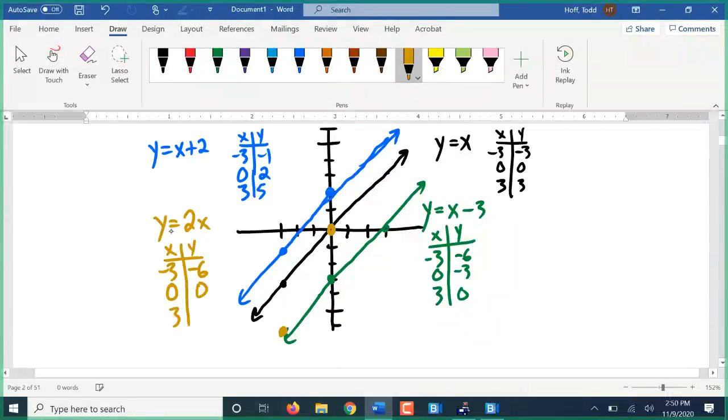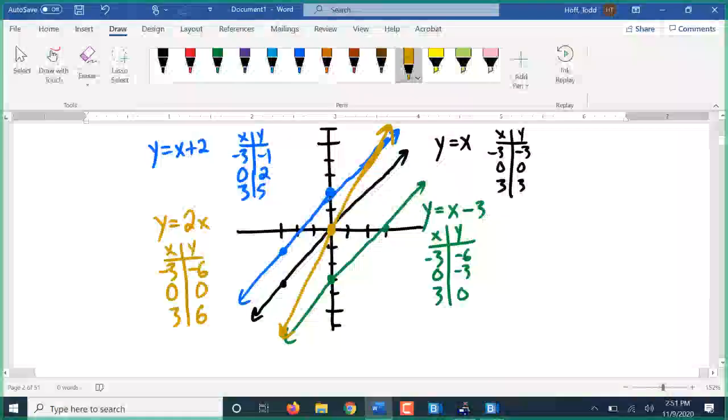If x were +3, 2 times +3 would be +6. So +3, +6 is like that. So we get a line that's back to going through the origin, but now it's steeper on the graph.